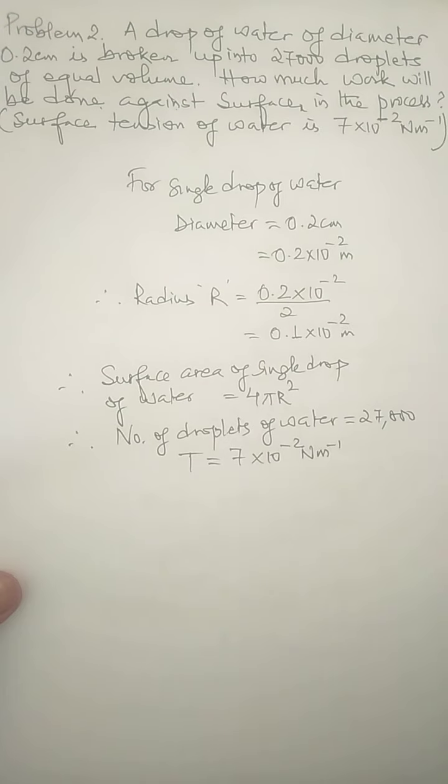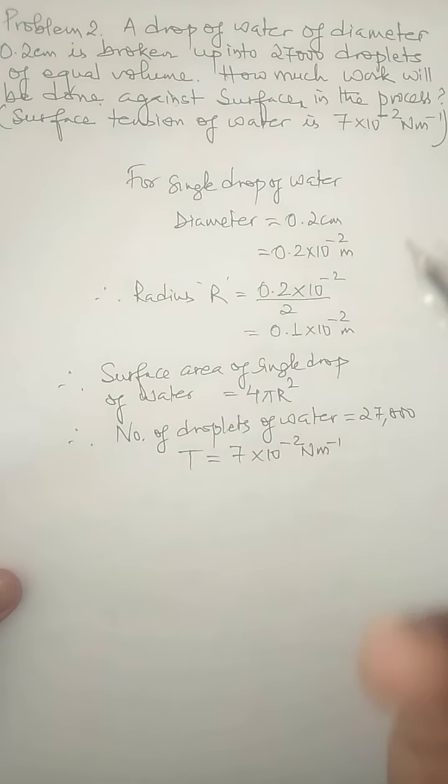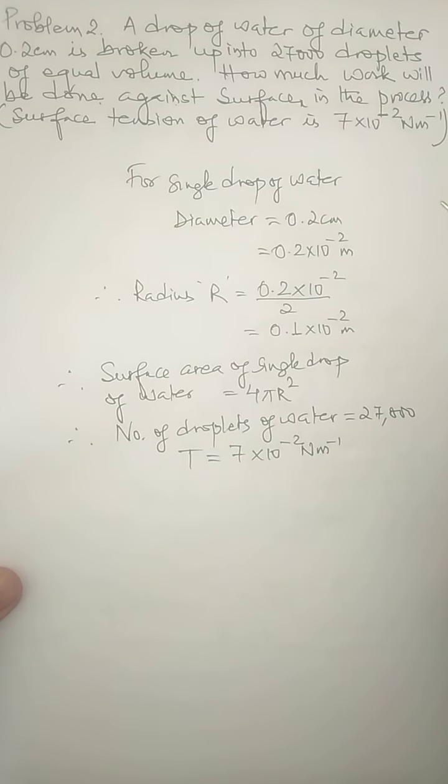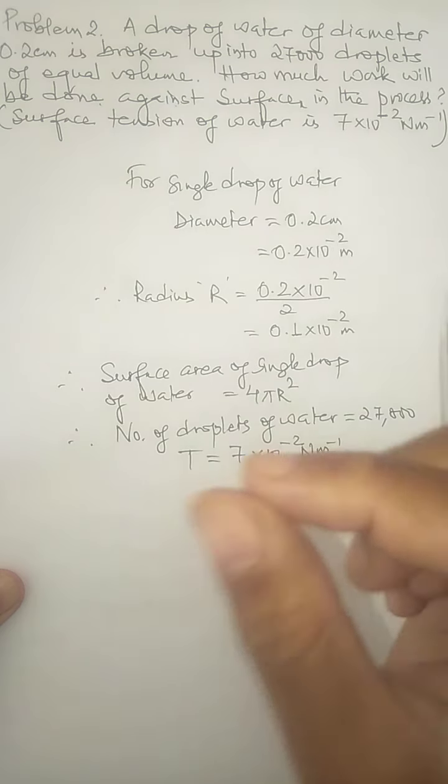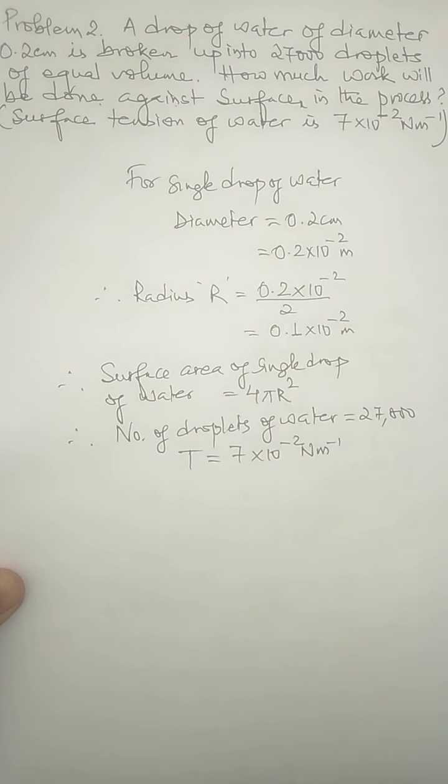Even when it is broken into 27,000 droplets, the volume of the single drop is the same as the volume of the 27,000 droplets. So with this condition, I calculate the radius of each droplet of water.